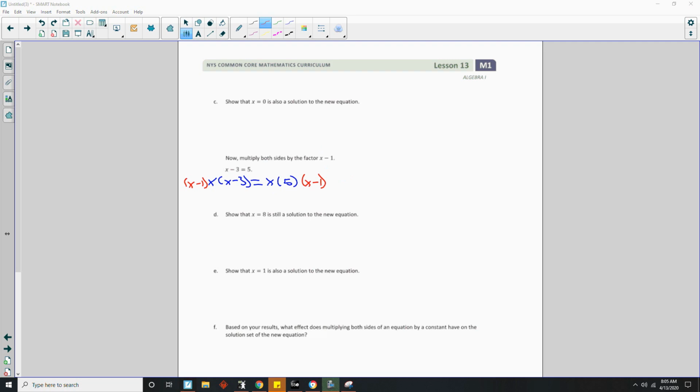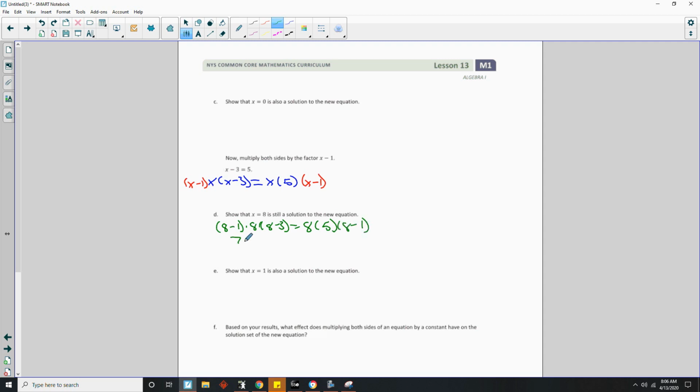Okay, so part D now says show that x equals 8 is still a solution to this new equation. So what would I do? I'd put an 8 in for all these x's. So it would be 8 minus 1 times 8 times 8 minus 3 equals 8 times 5 times 8 minus 1.